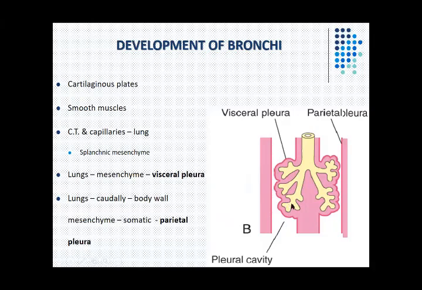So आपको बताया था, this developing lung bud grows into the mesenchyme of the body wall, which is formed of somatic mesoderm. So as a result, ये जो surrounding somatic mesoderm है, this develops into parietal pleura. ये हम पहले भी जब body cavities की थी, तो हमने ये discuss किया था. अगर आपका test है, so you already know all this.